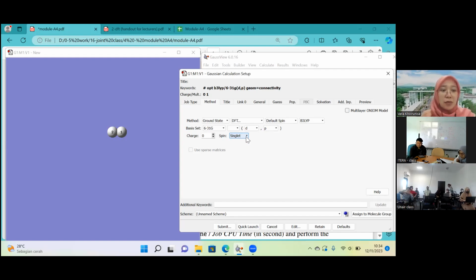So the ground state will be hydrogen with spin multiplicity singlet. So I choose singlet in my calculation. So please pay attention to the spin multiplicity of the molecule.